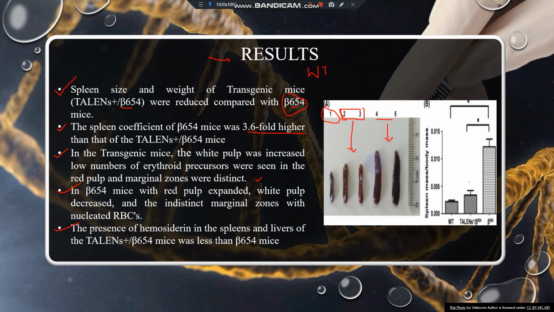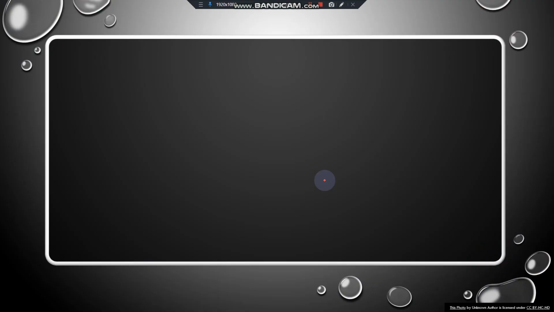So you can see that the TALEN-mediated mice, or the transgenic mice, showed sustained, consistent improvement of the hematologic parameters and reduction of ineffective RBCs or erythropoiesis and extramedullary hematopoiesis, that is EMH, without any abnormalities. Okay, so this was about results.